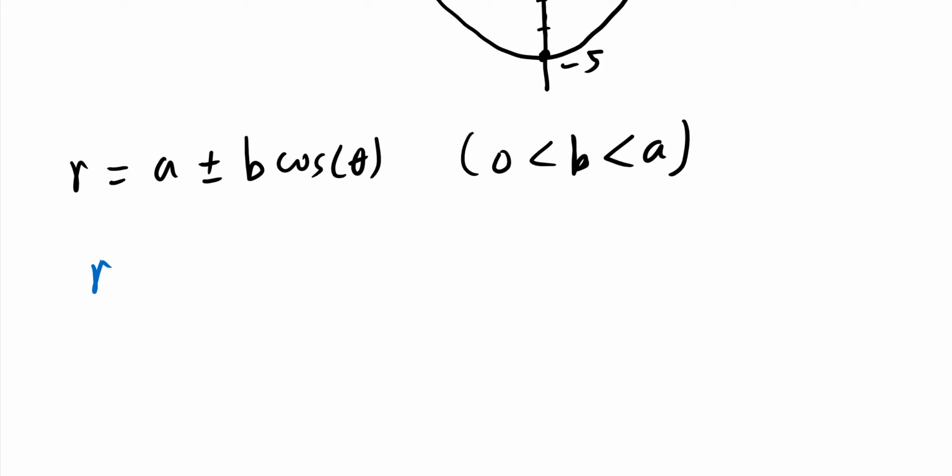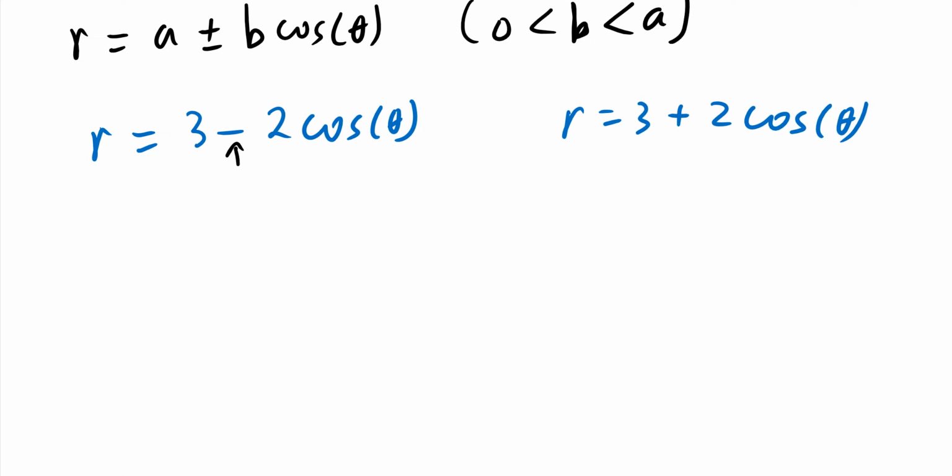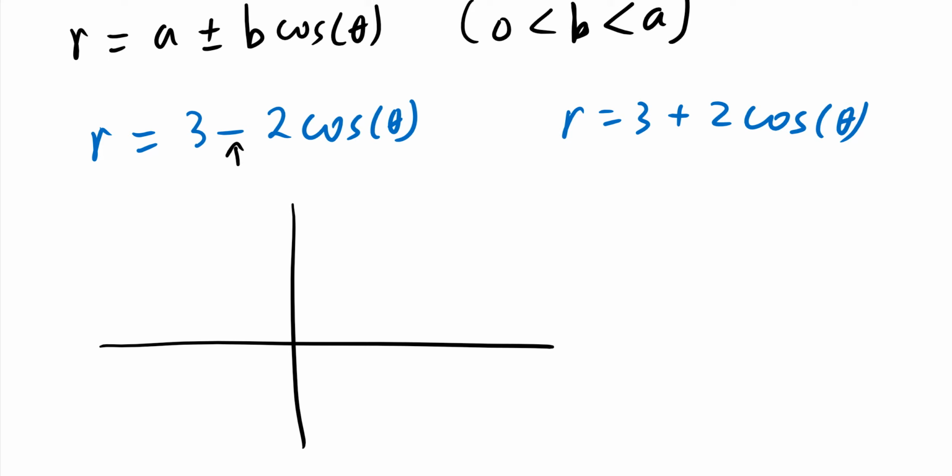So let's say we're asked to graph r equals 3 minus 2 cosine theta, and I'm also going to graph 3 plus 2 cosine theta. The minus means to the left. Now this is on the y-axis: 1, 2, 3, and down negative 3.